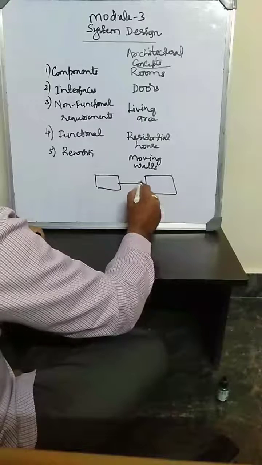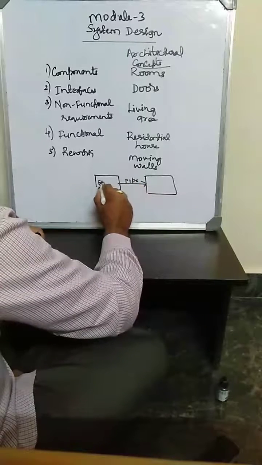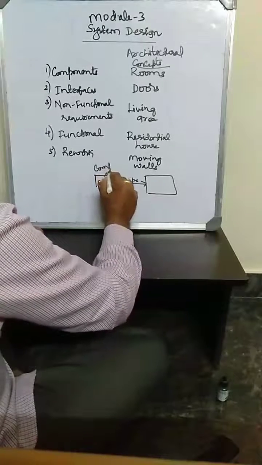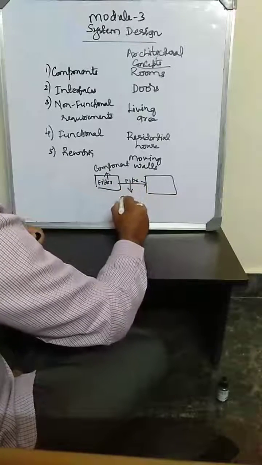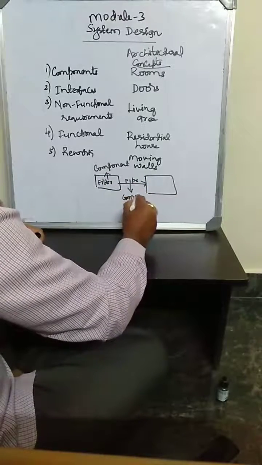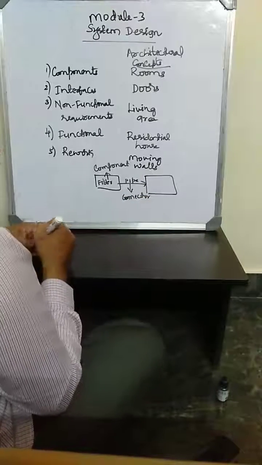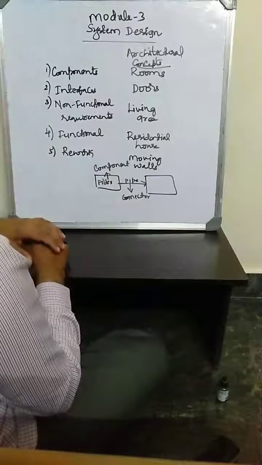To connect these two components you need a pipe. So this is called pipe and this is called filter. In other words, we may call this the component, and this I may call a connector. Getting it? So this is how we understand the architectural components.